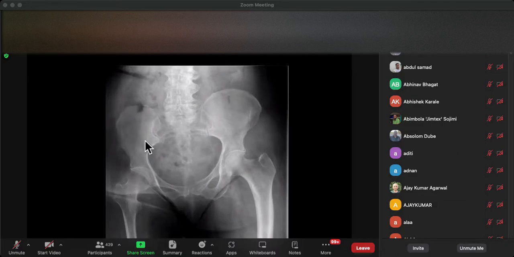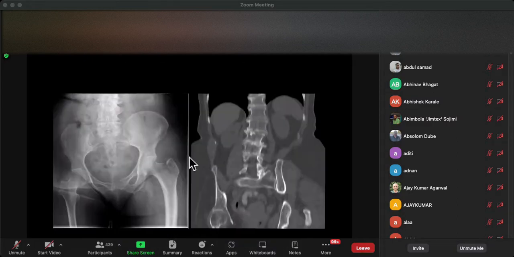The iliac bone is stunted compared to the one on the left-hand side. And the muscles are making this look more lucent than the left side. So we've got muscular atrophy, which is acquired from the polio. And there you go, you can see the absent muscles here. So this was old polio, well done.